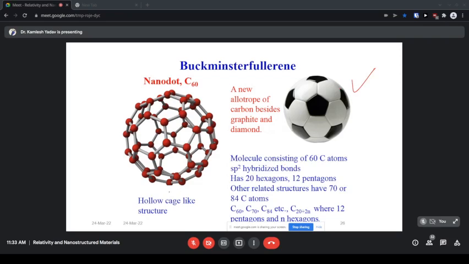This is a hollow cage-like structure, empty inside, with sp2 hybridization, and there are 60 carbon atoms. There are hexagonal rings and also pentagonal rings like this.